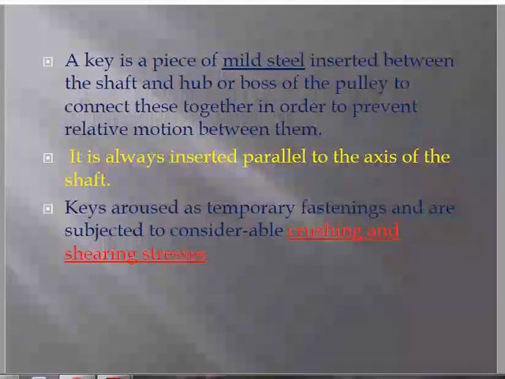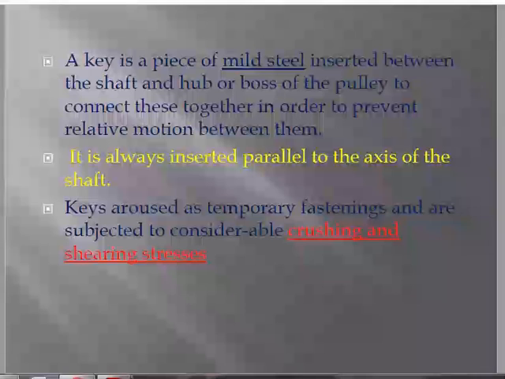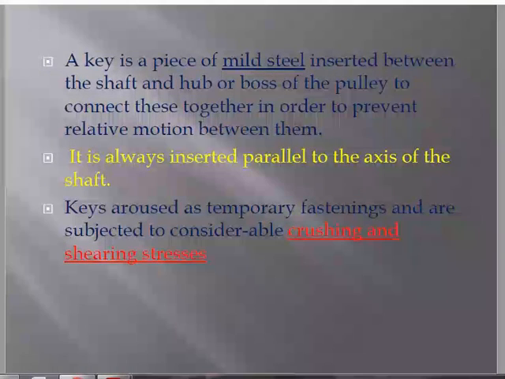Usually it is made of mild steel and it can be other material also, which is inserted between the shaft and hub of the pulley to connect these together in order to prevent relative motion between them. It is always inserted parallel to the axis of the shaft.